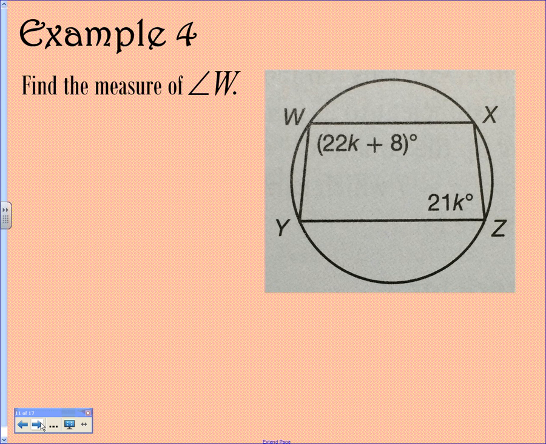I mean, those are the pictures. I just took a picture of the one in the book. I didn't draw that. Okay.